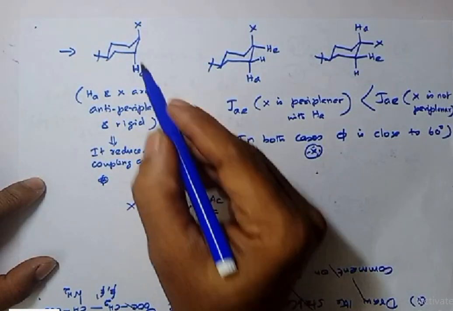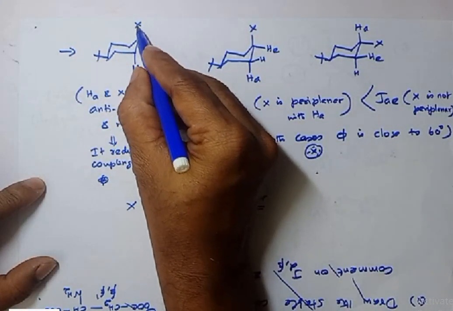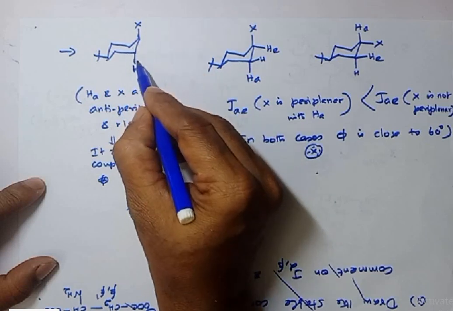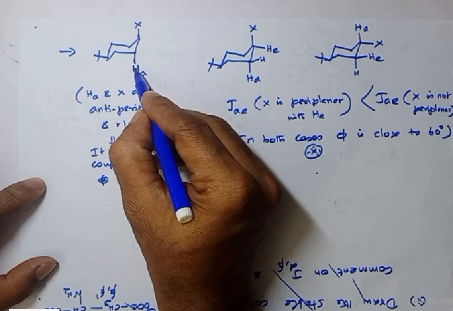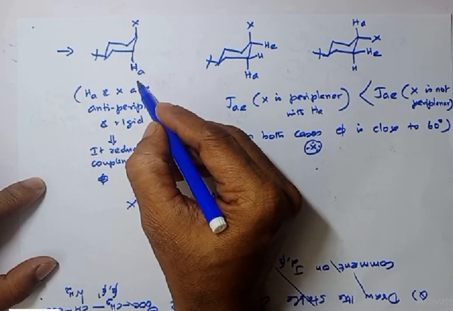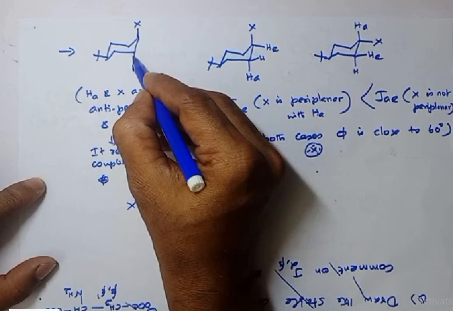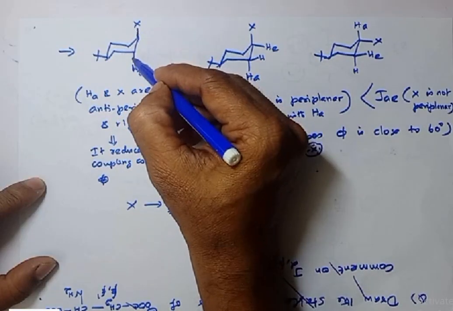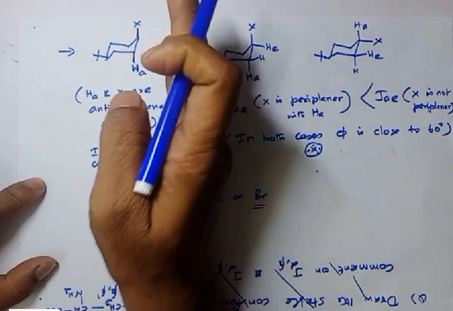If the X group and the hydrogen atom in the next, adjacent carbon are both axial, say this is axial, this is also axial, then we say that these two are in periplanar conformation.